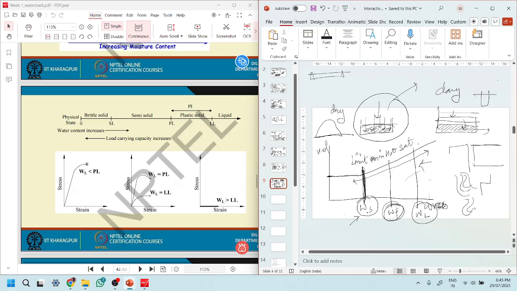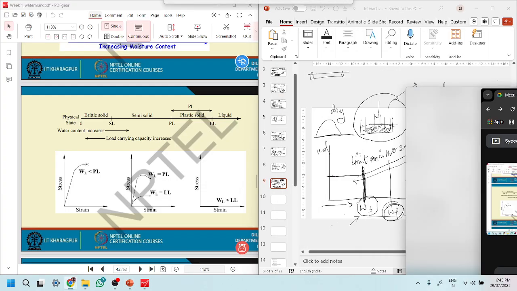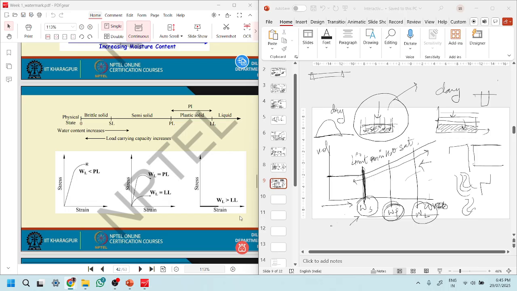So these are the limits that we have defined for fine grained soils. And then we say that as the water content increases, the strength decreases.